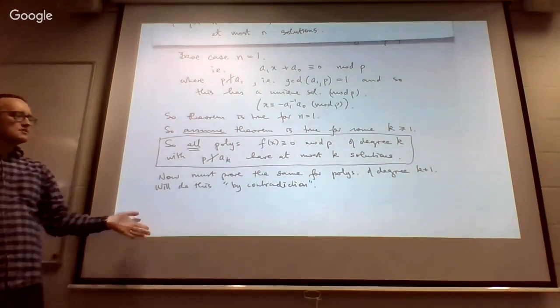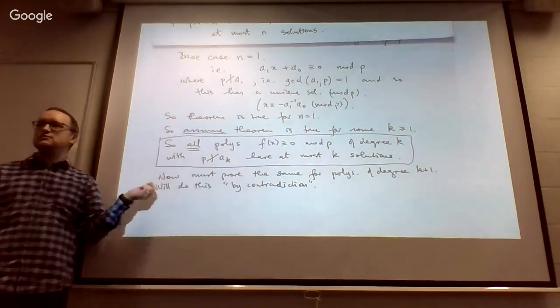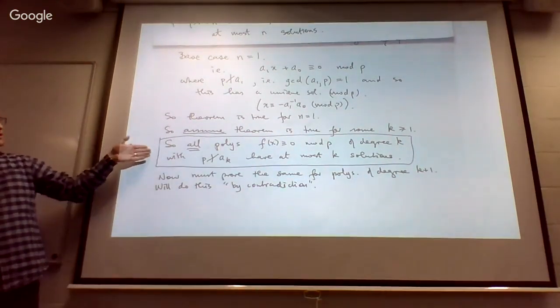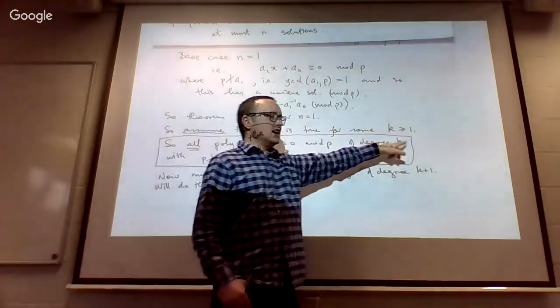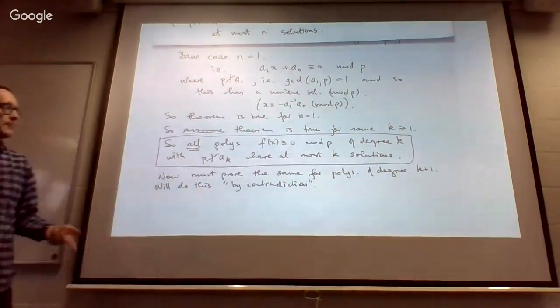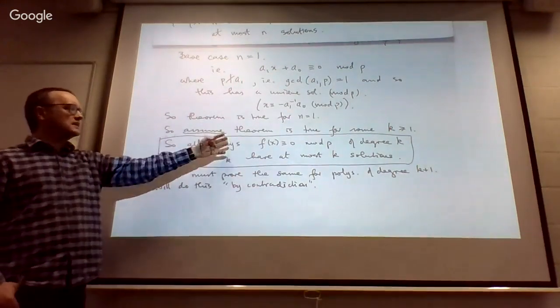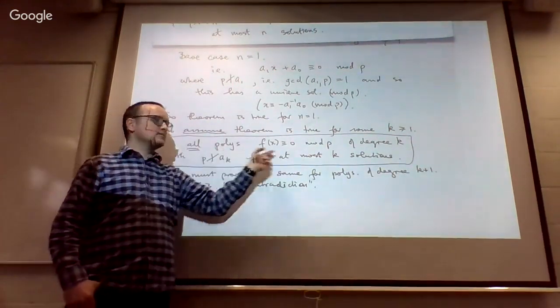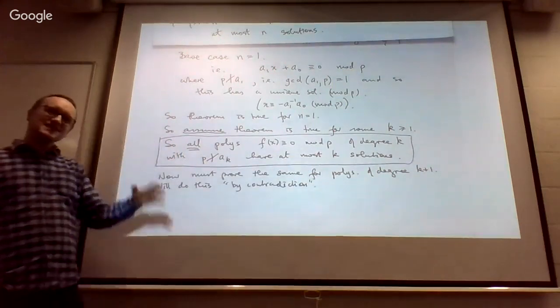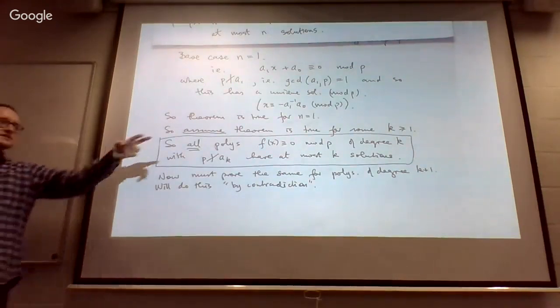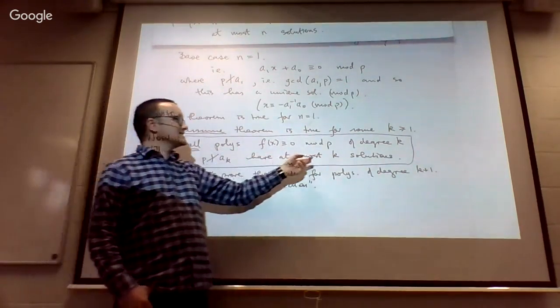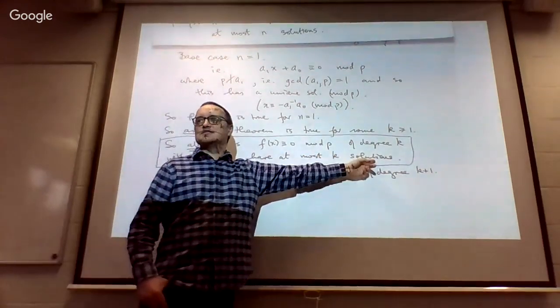So I'm going to do proof by contradiction. So I'm going to assume that the thing I'm trying to prove is false. Assume that this statement in the box for polynomials of degree k plus 1 is false. The statement says all polynomials of a certain kind have at most k plus 1 solutions. So that's going to be false. It means there is at least one polynomial of this kind that has too many solutions.